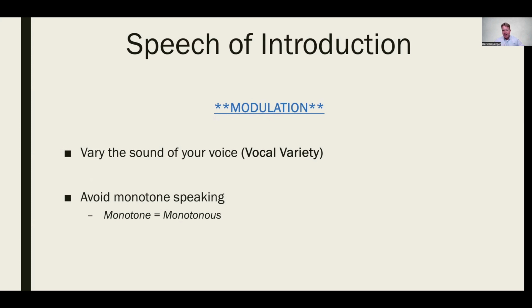We need peaks and valleys, movement with the sound of our voice so that our voice has life to it. That word monotone is equivalent to monotonous. We don't want to be monotonous with the sound of our voice. So we want to modulate our voice. We're going to spend a couple minutes on this one, everybody.